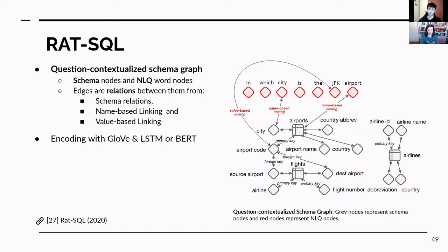So after it creates this input graph, it encodes each of the nodes using either GloVe and LSTM networks, or it can also use BERT, which provides much better results. But again, here we see that BERT is just an alternative for GloVe and recurrent neural networks.